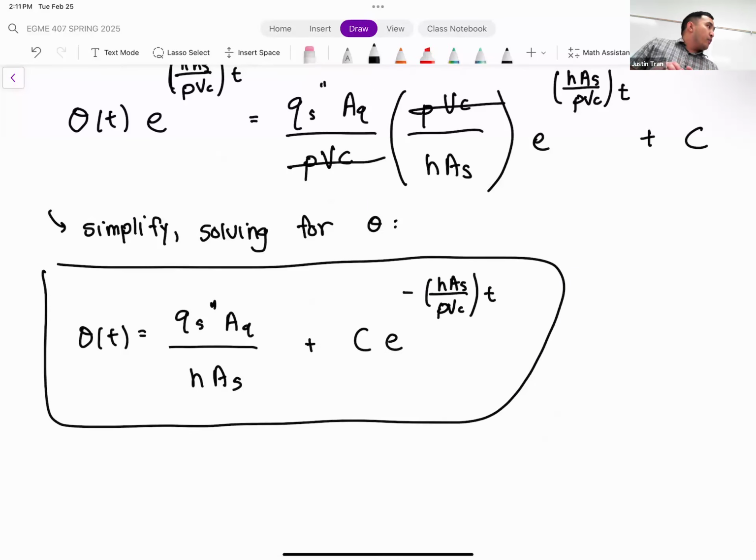Okay. So that right here is our solution, but remember, it's just a general solution, so it's not the full solution just yet. In order to solve for the full solution, we need to obtain a value for this arbitrary constant.